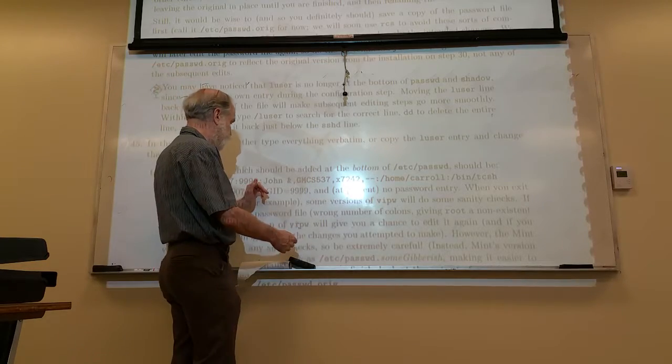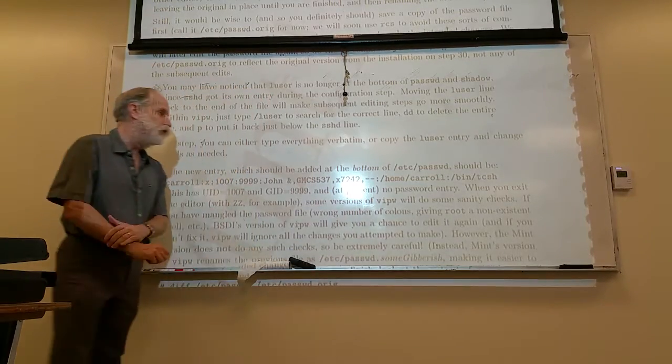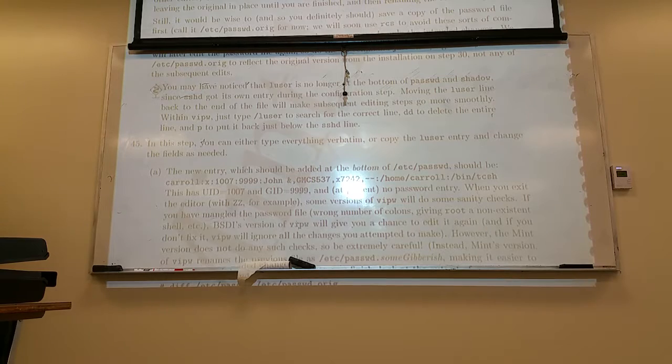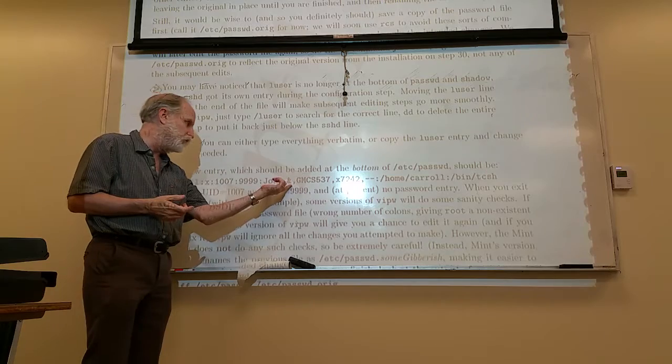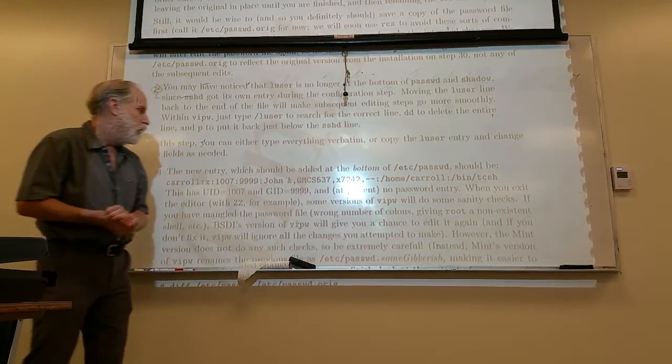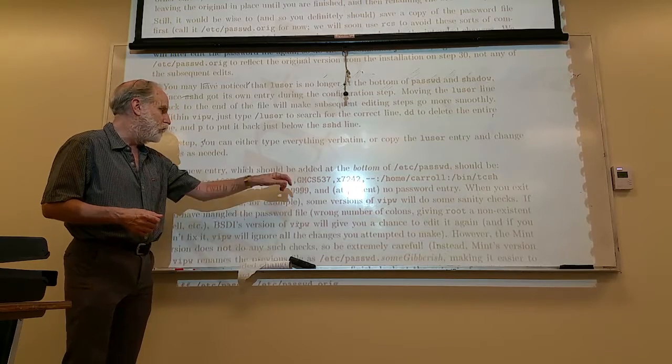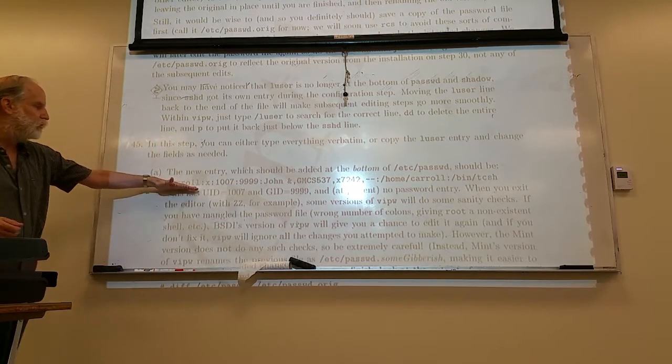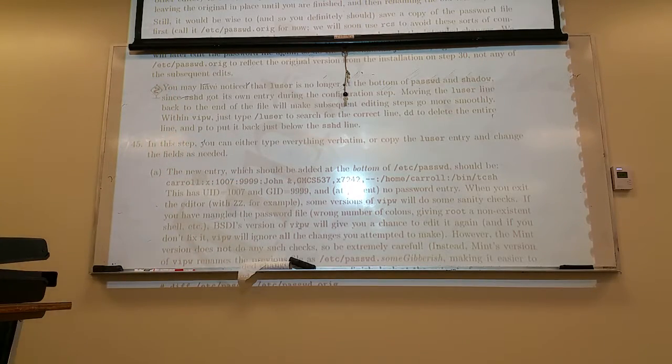And next comes, between this colon and that colon, the GCOS field here, which has personal information essentially. If you do a finger of a particular user here, it'll come up and say who they are in real life, etc. It'll use this first thing here to say what that is. And we could have typed out John Carroll here, but if you use an ampersand, it's just going to use that line there with the first letter capitalized. So that works fine.